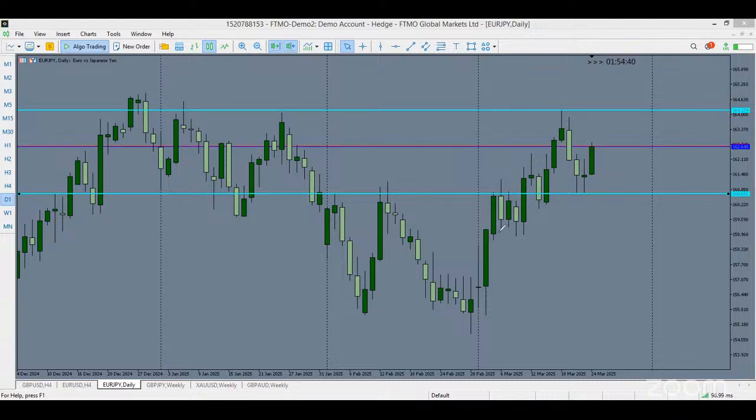Okay, so this high here, 164.2 is a possible level for it to hit right up there. Okay, so let's see if price will go there. So we are bullish on Euro Yen.